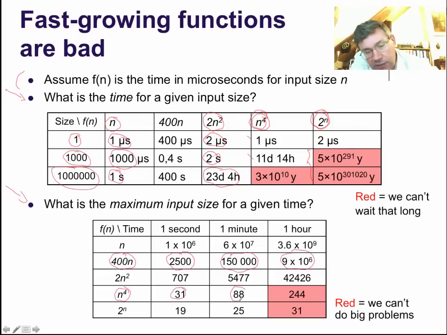Size 31, size 88, size 244. So again, n to the 4th and 2 to the n, they don't let me solve very big problems. In reasonable times, like 1 hour, I can only solve small problems. So there's something wrong with functions like n to the 4th and 2 to the n.